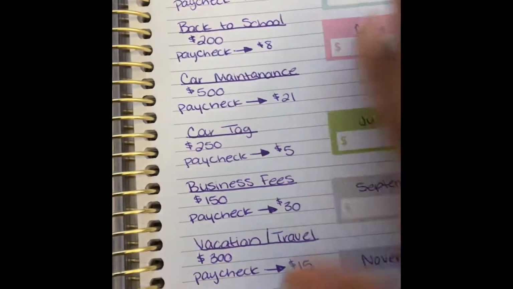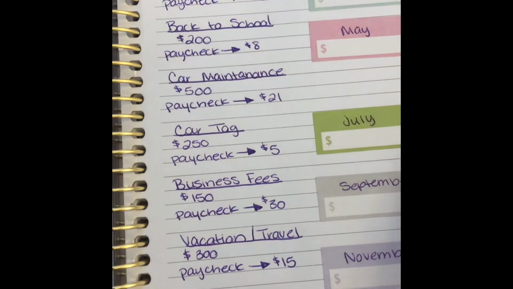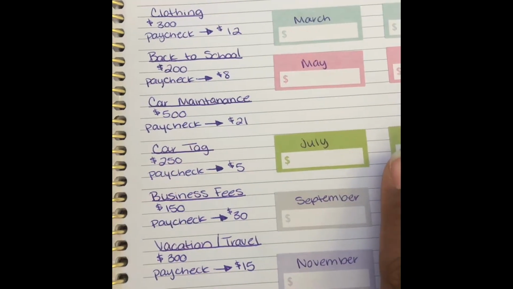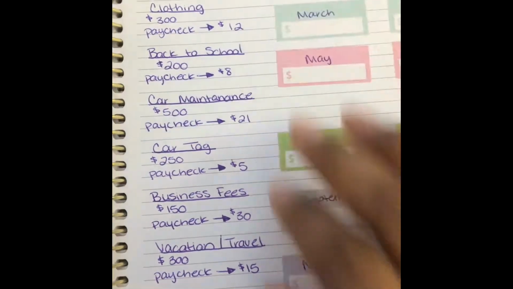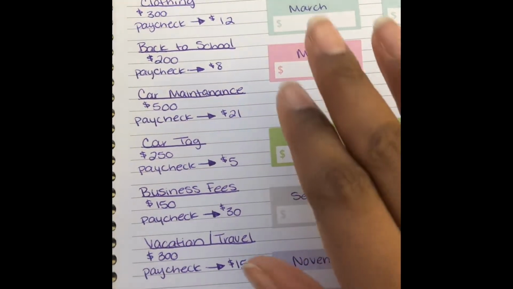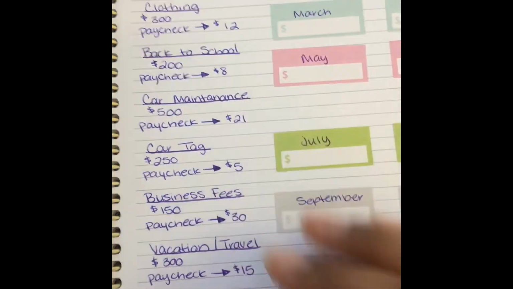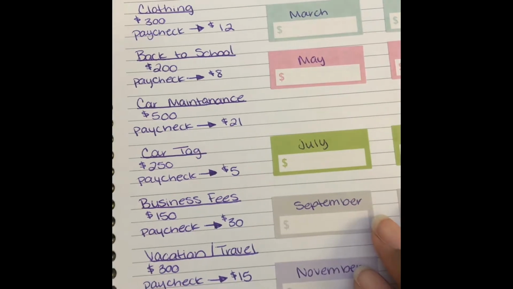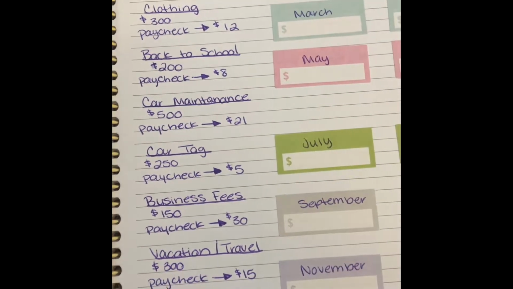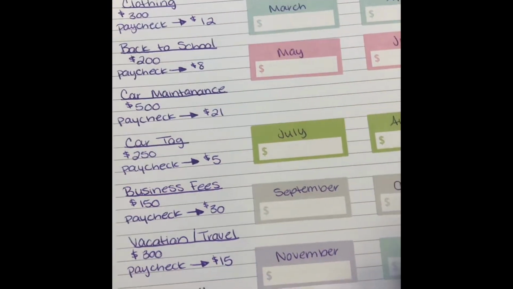This is basically just a cushion so that you won't have to scramble for money when things like this come up. It will already be money set aside for these categories, and it's a great way to plan ahead for holidays and birthdays and things of that nature.